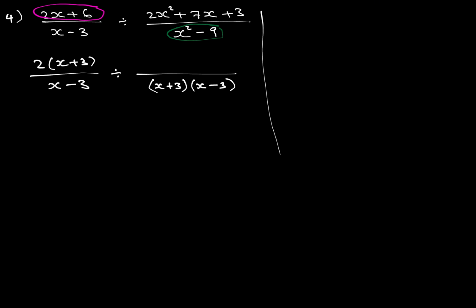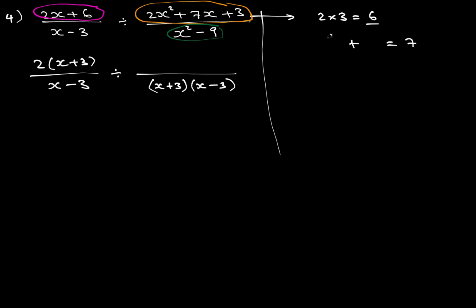Now, if I'm trying to deal with this numerator here, so I'll just color that in orange so you can see which numerator I'm talking about. I need to apply the AC method because the coefficient of x squared is greater than 1. So I'm going to do 2 times 3, which is 6. So I'm trying to find factors of 6 that are going to add to give me positive 7.